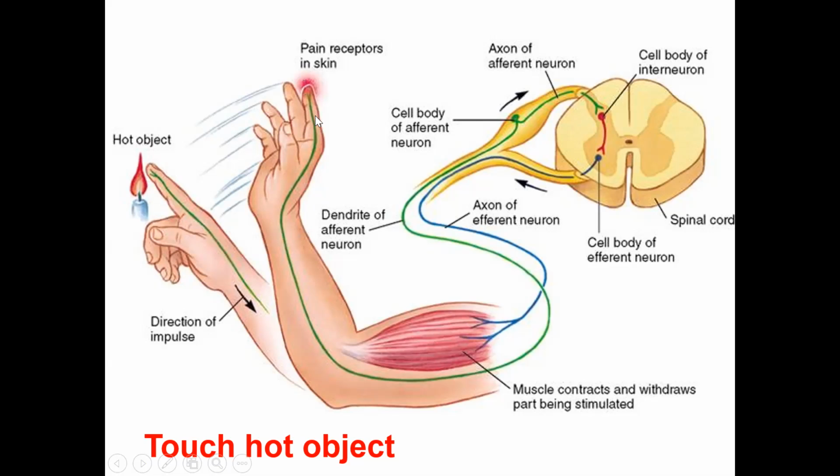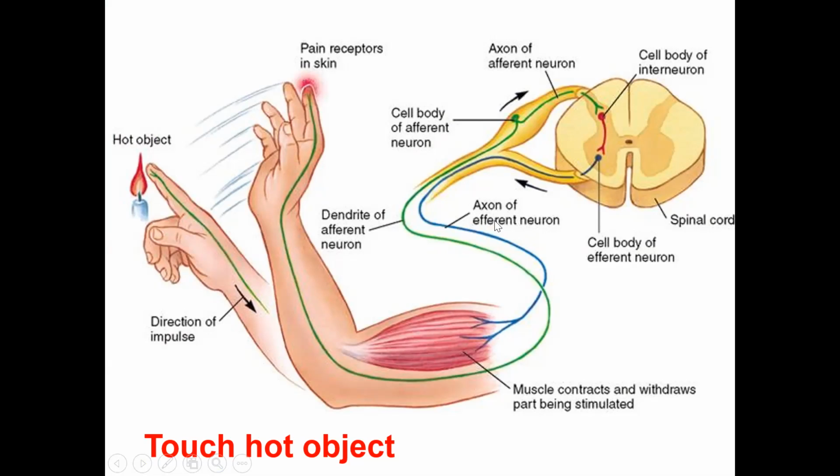Here, as you can see, the green color is the afferent neuron, the red one is the interneuron, and the blue one is the efferent neuron.